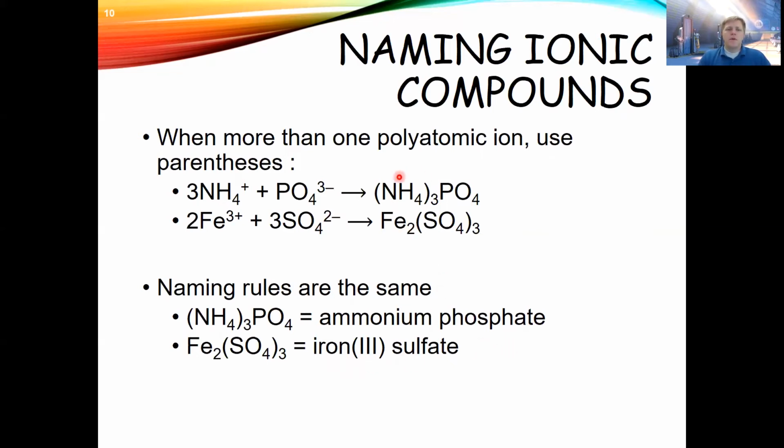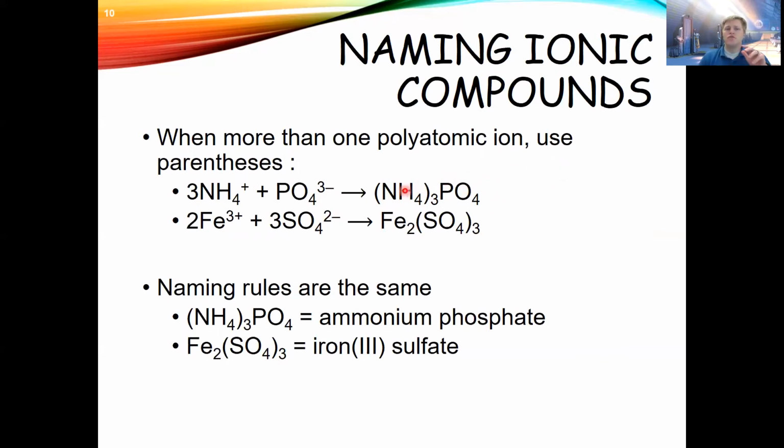Now, let's talk about the parentheses in these chemical formulas. For example, we have NH4 here in parentheses with a 3 after it. Why are we doing that? Well, this parentheses means that there are 3 of everything in the parentheses. So there's 3 NH4 groups complexing with this phosphate.